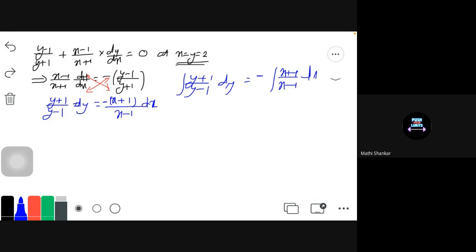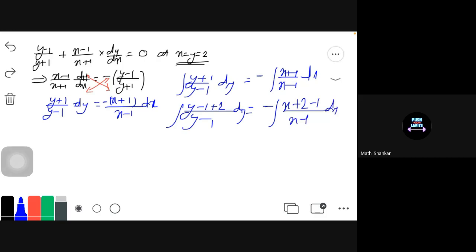Which can further be written as, 2 minus 1 will give me plus 1, so I can write this as y minus 1 plus 2 upon y minus 1 dy, and similarly here also x minus 1 plus 2 upon x minus 1 dx.